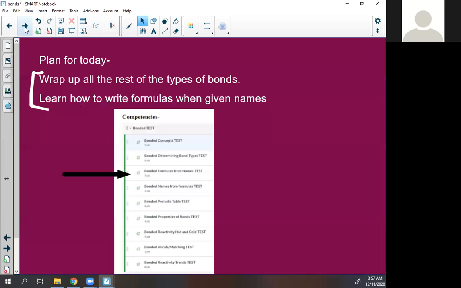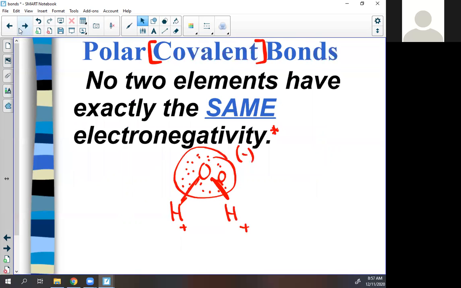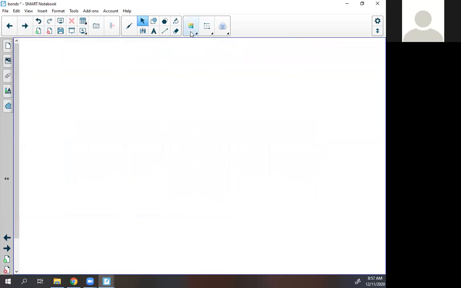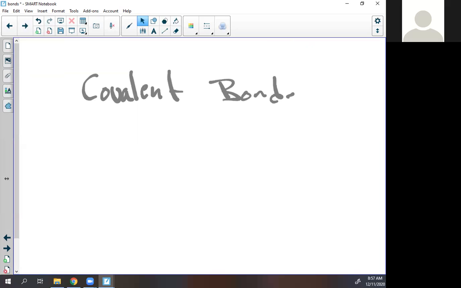Okay, now, today we're going to talk about polar covalent and non-polar covalent. Covalent bonds, there are 2 types of them.